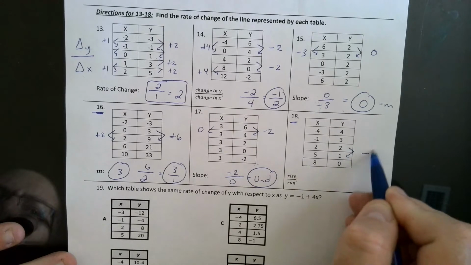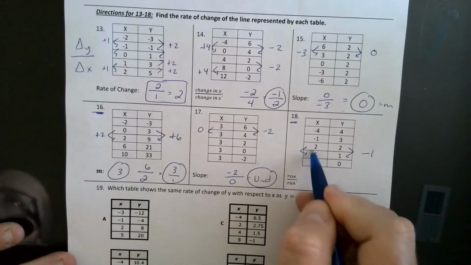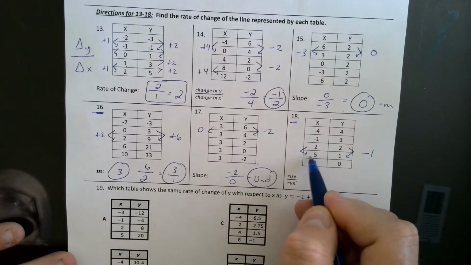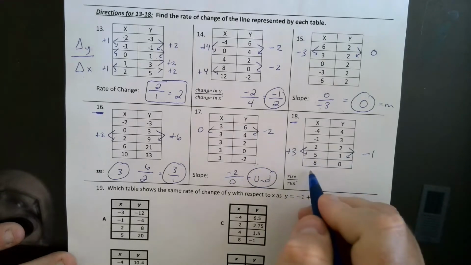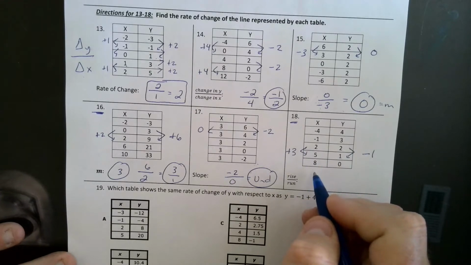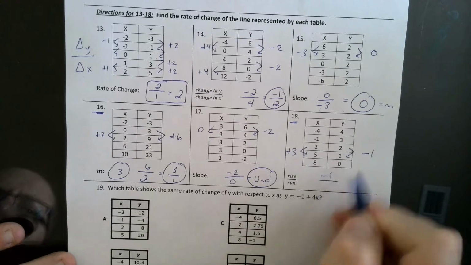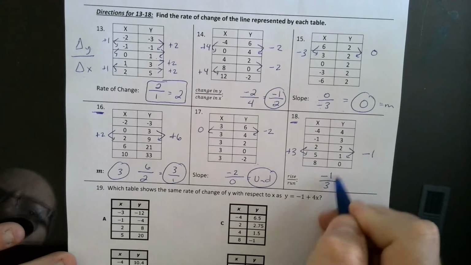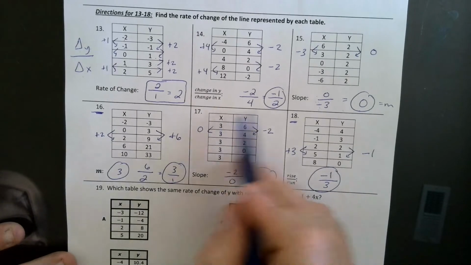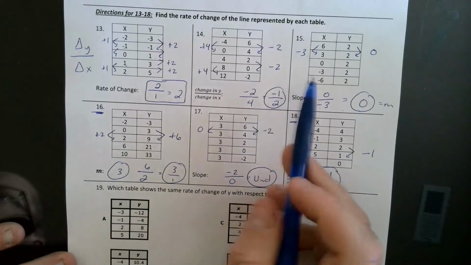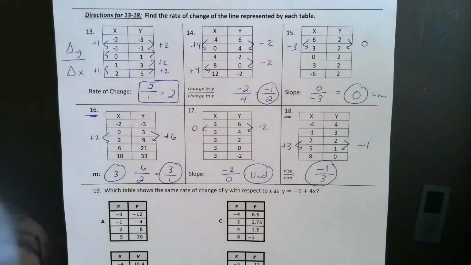I'm getting smaller by 1 spot. Come across from 2 to 5, I'm increasing. I'm getting bigger. I'm adding 3 each time. So the rise over run, or the change in y over change in x, or your slope, however you want to call it, is negative 1 over 3. And then that doesn't reduce. That's your final answer. Okay, so that was how we found slope off a table. Change in y over change in x. Alright, you're going to use that for the next part.